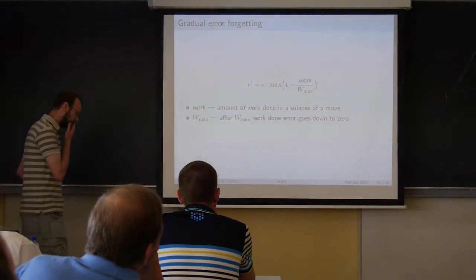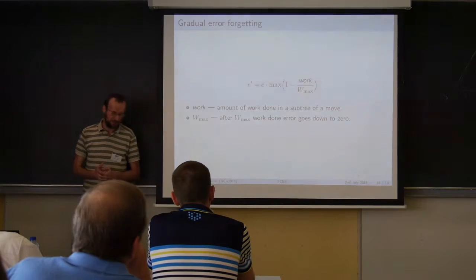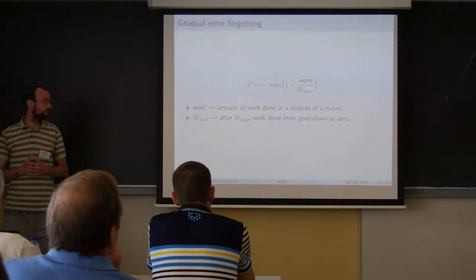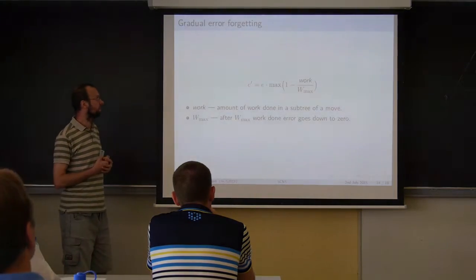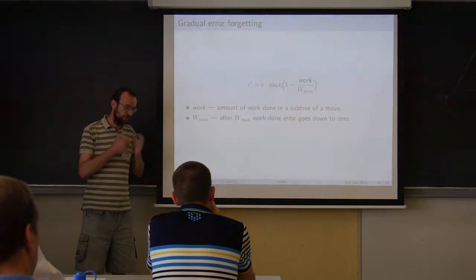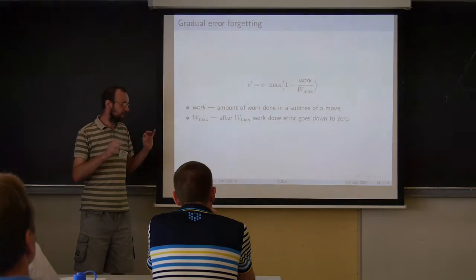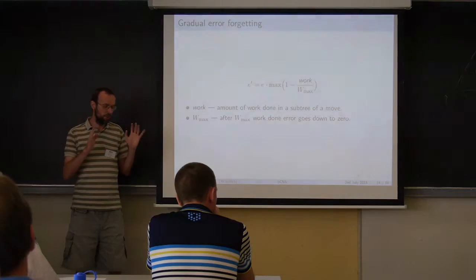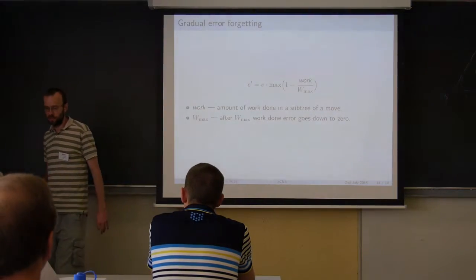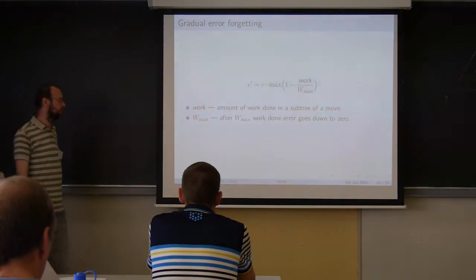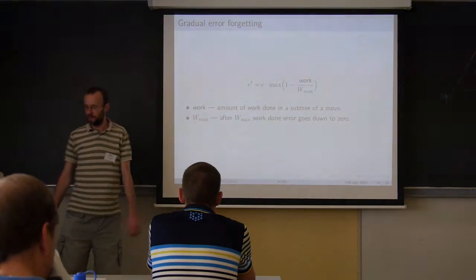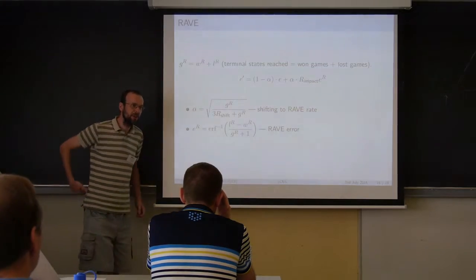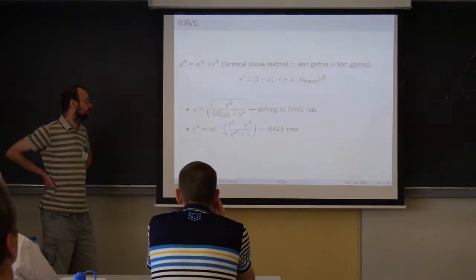Because these local heuristics can be wrong, we sometimes have to diminish their impact. One way of doing this is when some move is searched anyway, even if the error is high, then probably the local heuristic was wrong. So we gradually diminish the value of the error depending on how much work we have done in that node. This is one optimization. Another, we use RAVE, but a little bit differently.